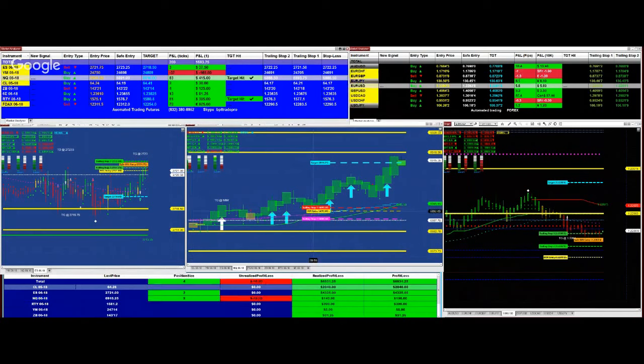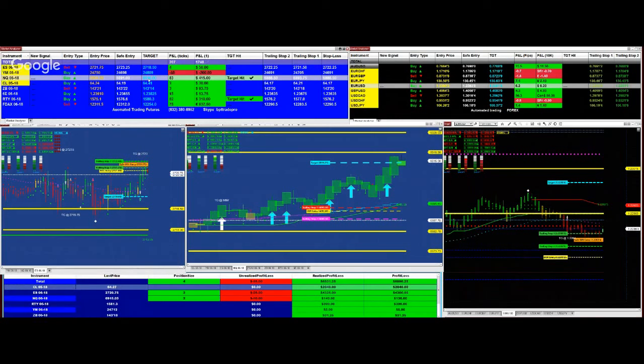And the target was 69.16, and it did hit the target, and it is 86 ticks based on one contract. So I'm going to keep the chart on the Nasdaq a little bit magnified.